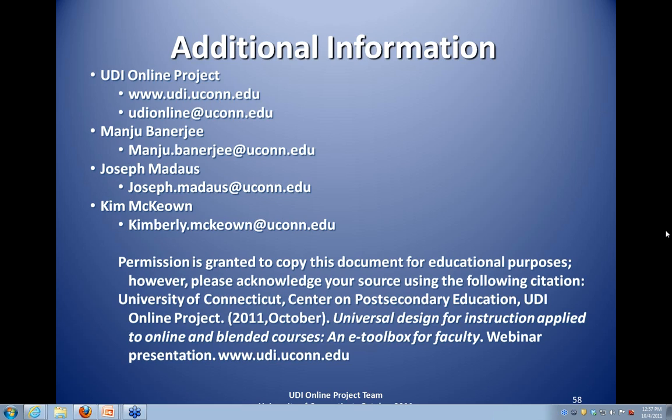Manju talked about one principle, but it could also be in terms of simple and intuitive, where you have somebody with a reading problem. Hearing it might help them to find that information more clearly, or it might then relate to perceptible information as well. So there's multiple ways that a particular e-tool might relate to the principles, again, depending upon its use, depending upon how the student receives it.